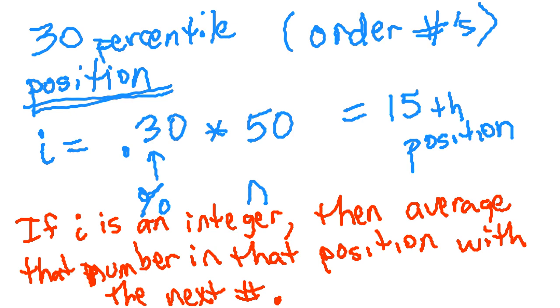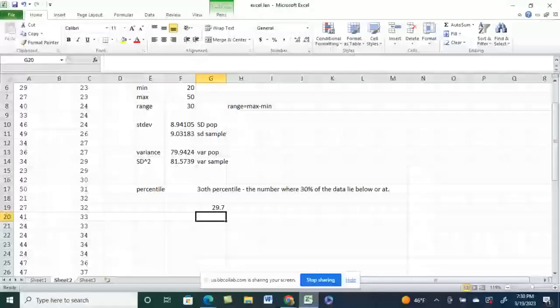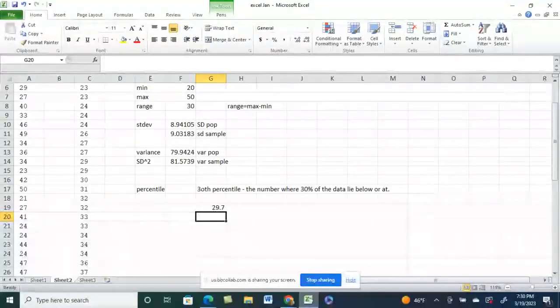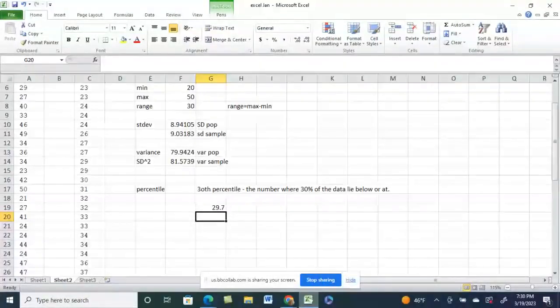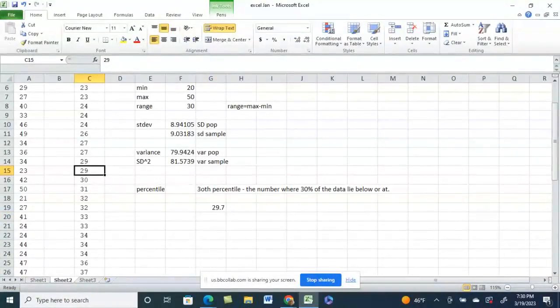So let's go back to Excel. And number in position 15, so go over here, position 15 is 29. So let me go over here.